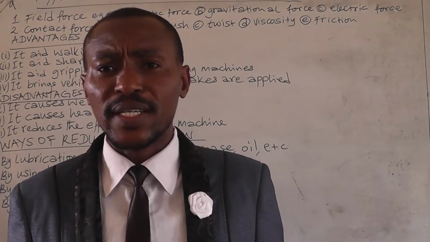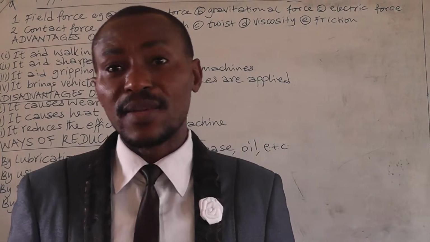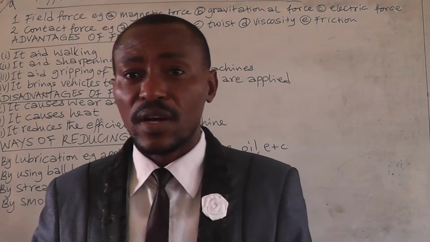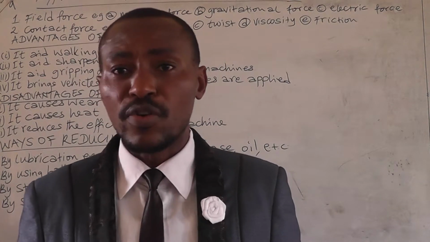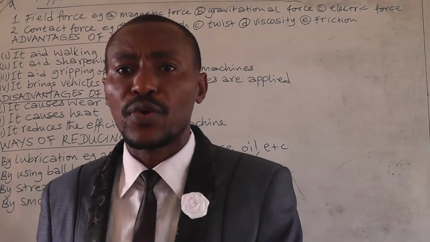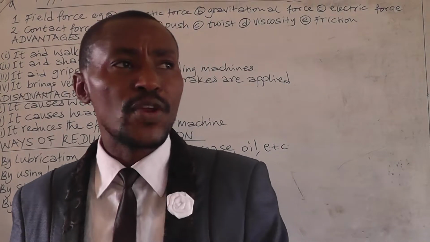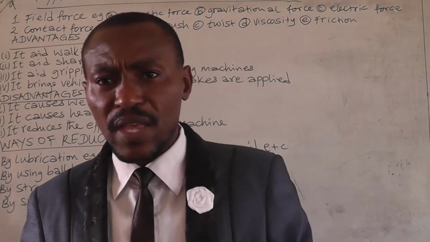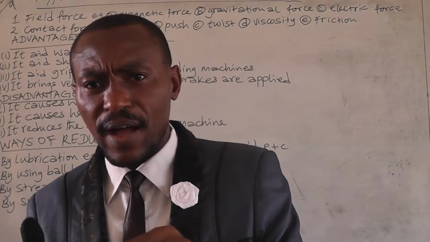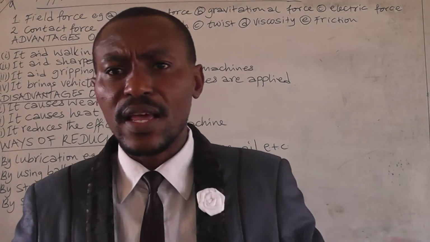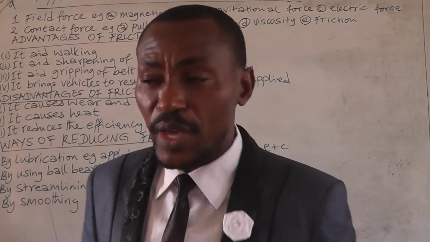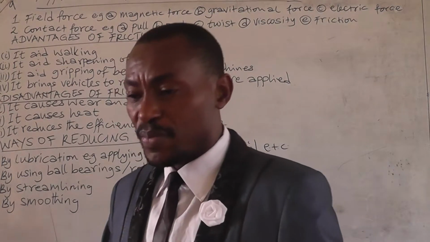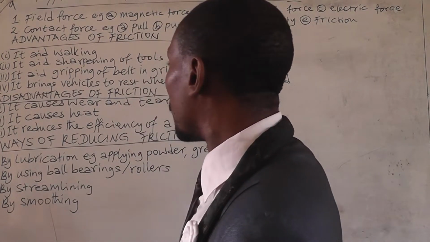Without friction, this belt can't stay there. As a matter of fact, when you use your belt for some time, you discover that when you put it on your grinding machine, it will be slipping off. If you check some of our belts that they use today, there is a cut at a regular interval at that point where it's laid on the pulley. Why? To increase this grip due to friction.